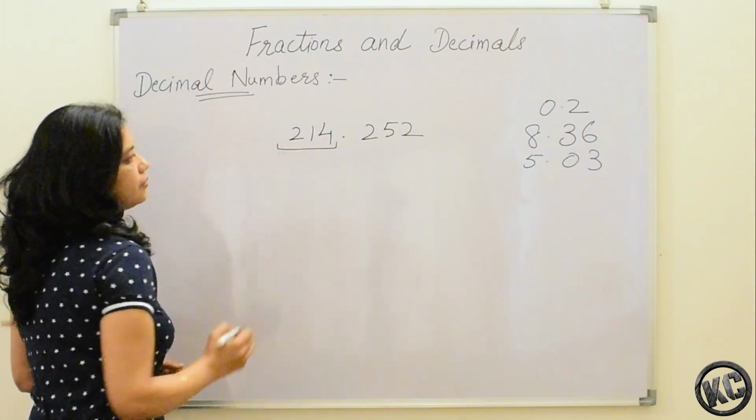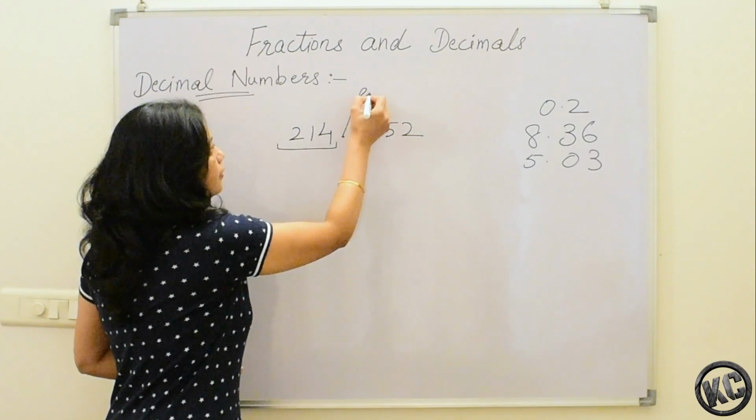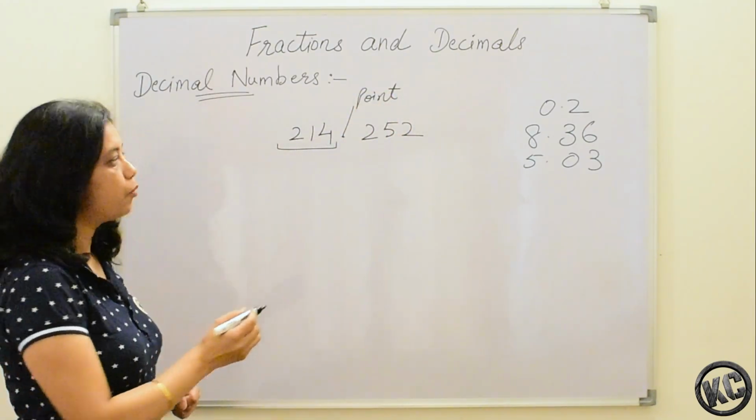In decimal numbers, this dot is called the point.